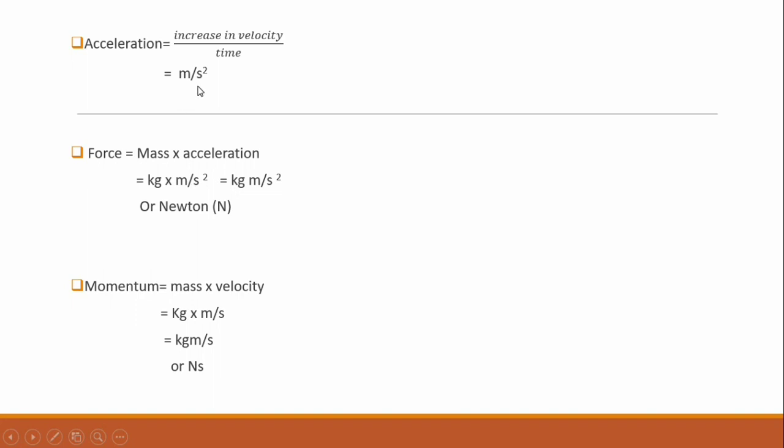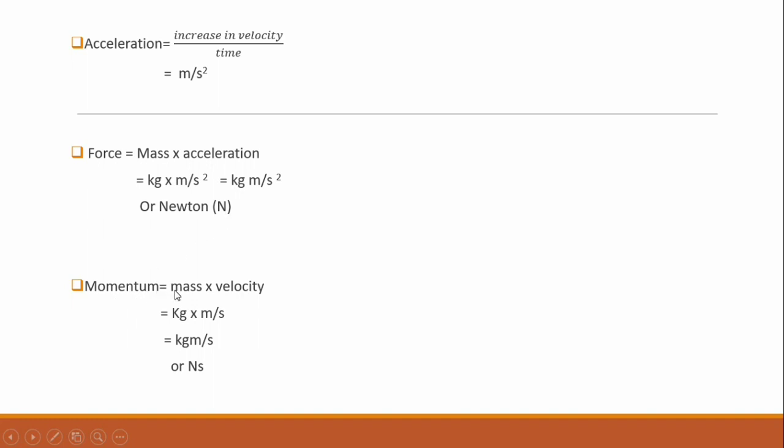If you multiply kg times meter, it will give us kg meter. If you divide by second square, you have kg meter per second square. Another unit for force is also known as Newton, in honor of Isaac Newton.